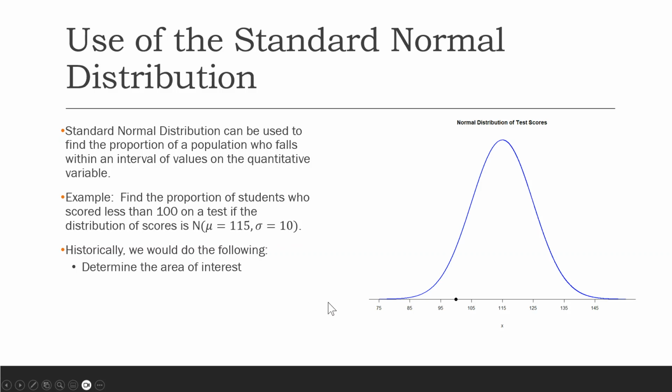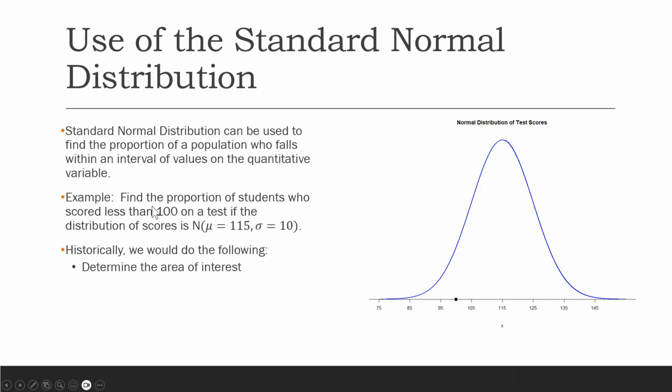Notice in the center of this normal distribution is 115, and I'm labeling my axis in units of 10. I've got 125, 135, 145, which is 3 standard deviations above. And if I go 3 standard deviations below, I get to 105, 95, and then 85. I do have 75 labeled here, but this is the normal distribution.